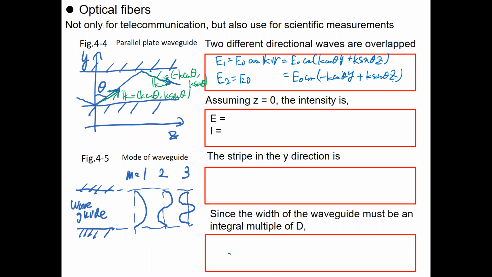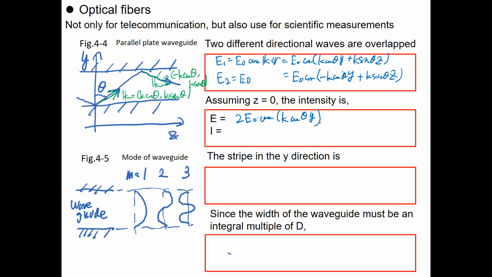Then I'll assume z equals 0 and sum up the electric field. The electric field in total is, of course, 2E0 cosine of k cosine theta y.